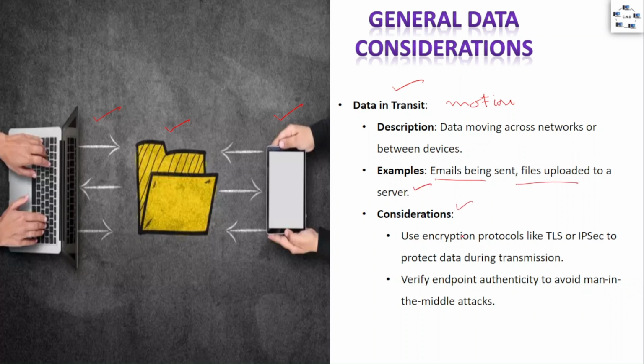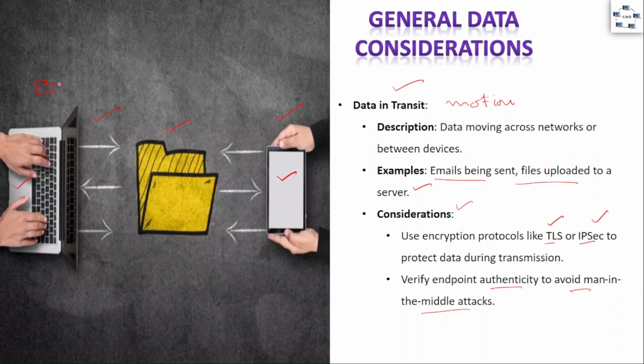Considerations include that, again, for protection, use encryption protocols like TLS or IPsec. So remember the TLS, IPsec, HTTPS, these are all protection for data in motion or data in transit. Verify endpoint authenticity to avoid man-in-the-middle attacks. So you not only require the encryption of data in motion, you also need to make sure that the end devices are authentic.